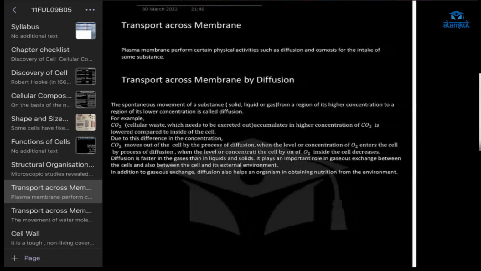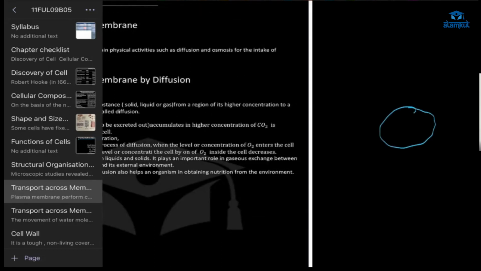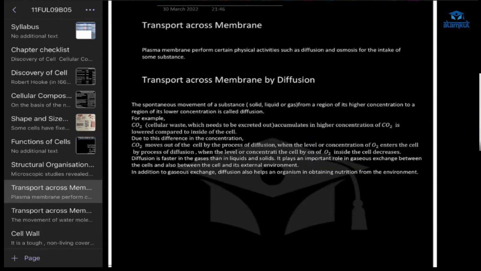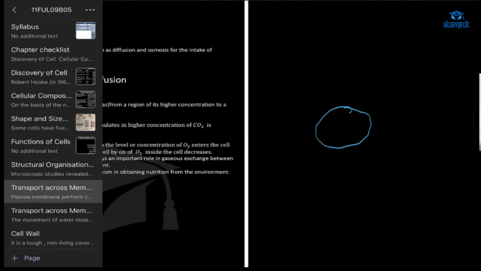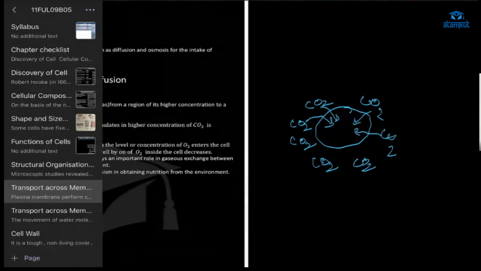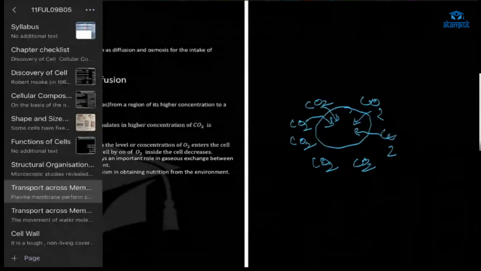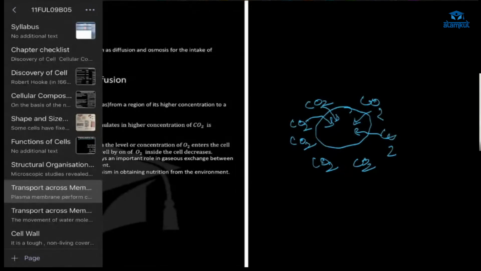Suppose there is more carbon dioxide, CO2, outside the cell and less carbon dioxide inside the cell. The carbon dioxide moves in, and the plasma membrane is selectively permeable, that is, it only allows certain substances to get inside.